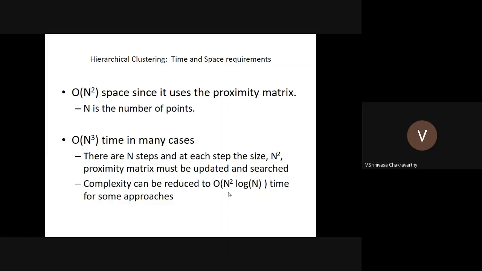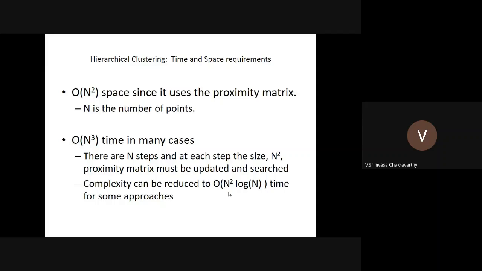In terms of time, it is order n cube because there are n steps, and at each step the n square size proximity matrix has to be updated and searched. But the point is, the proximity matrix keeps shrinking at every step. So strictly speaking, you don't have to search the entire n square at every stage. So there are reduced complexity measures.